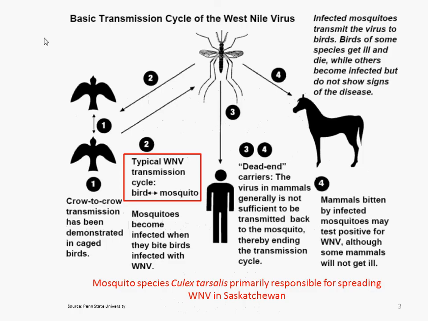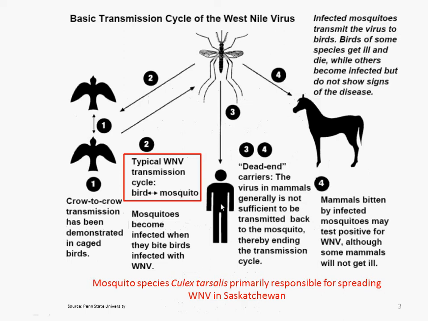And I talked a little bit about the transmission cycle of West Nile last time, just as a reminder. While West Nile is a disease that's of concern here for its impact on humans, humans are in fact dead-end hosts, so they don't pass on the virus to anyone else once they're infected.